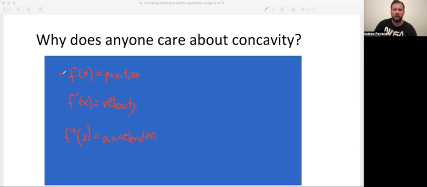So again, if f of x is equal to position, f prime of x is equal to velocity, and f double prime of x is equal to acceleration.